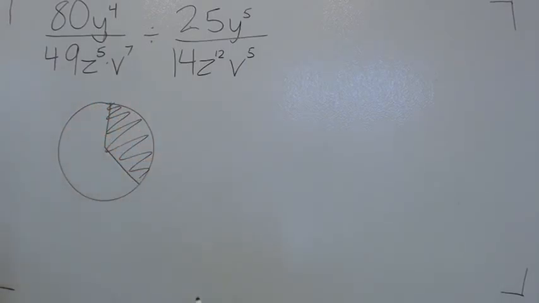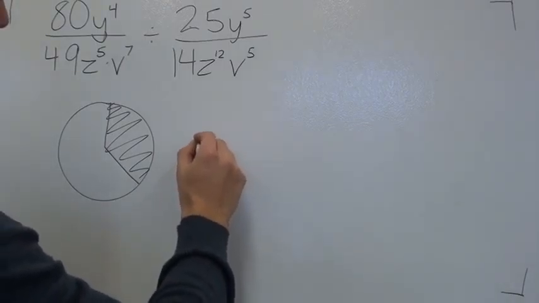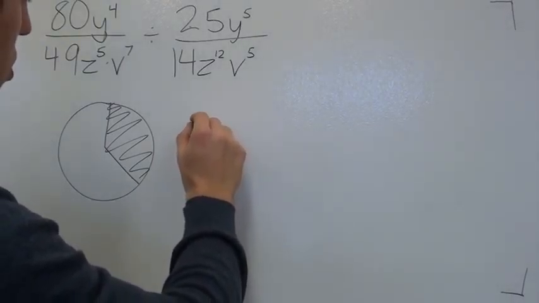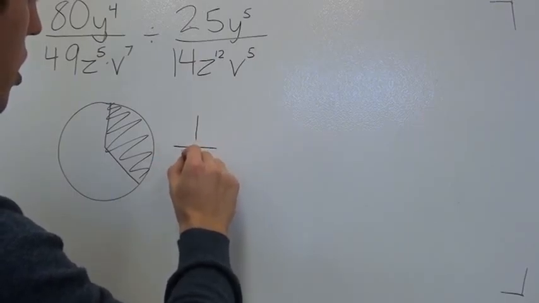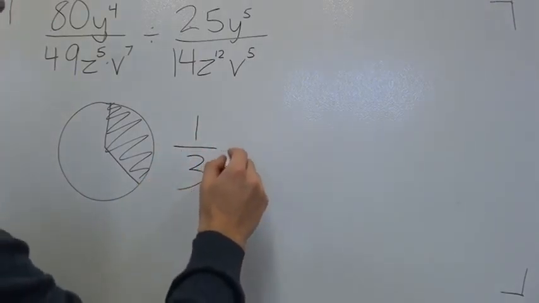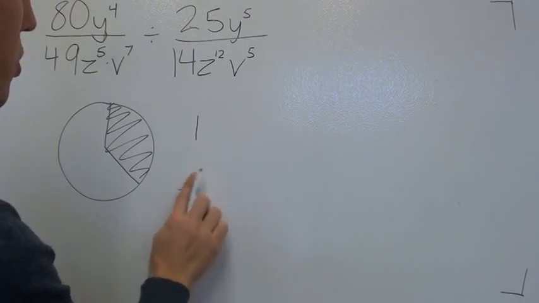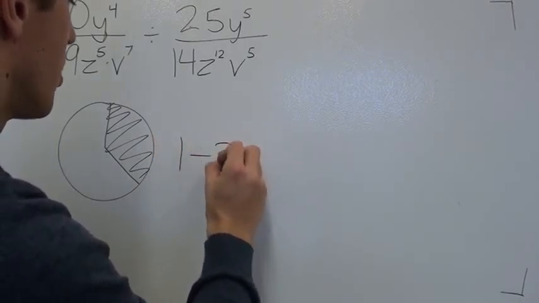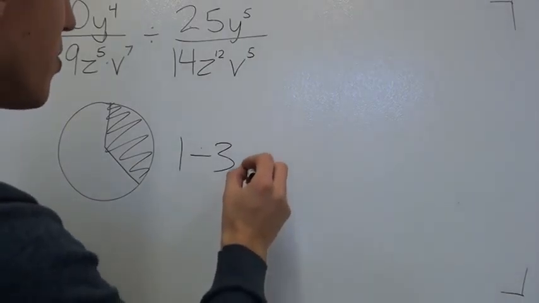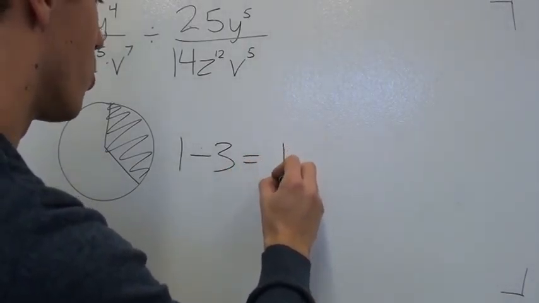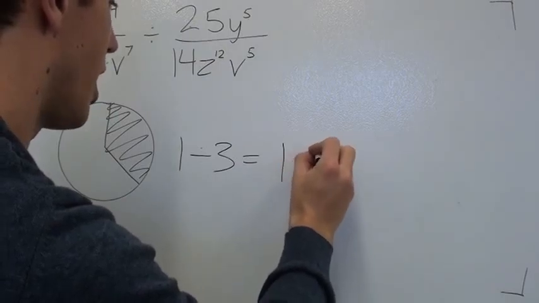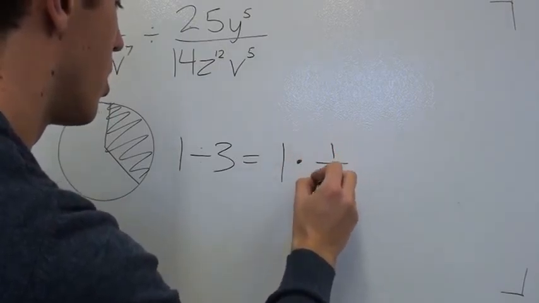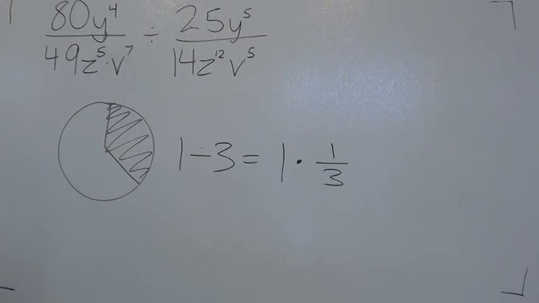A third of a pizza. 1 divided by 3, or I'll write it this way, 1 divided by 3 is the same thing as 1 multiplied by 1/3. Do you see the relationship there?